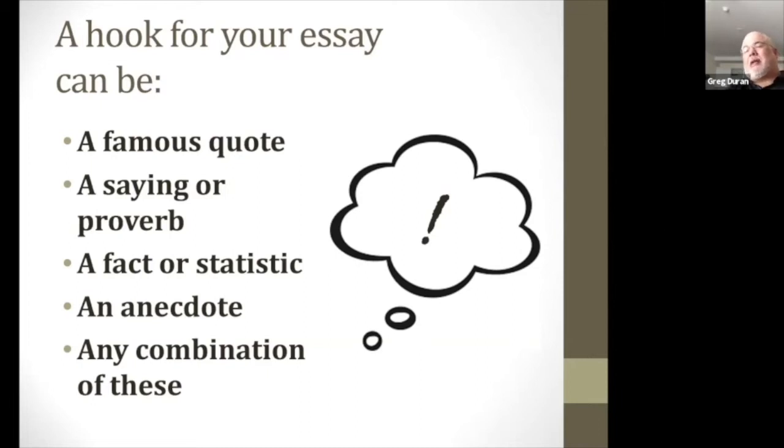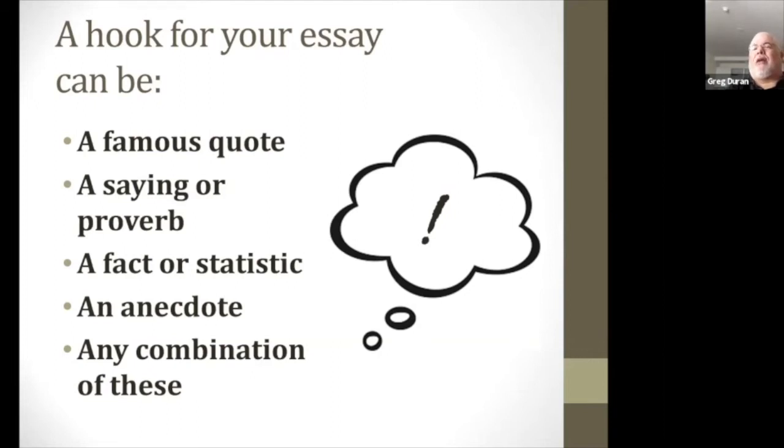I think this is probably the most common type of hook, and a very popular and very effective one. In a way, it's showing from the very beginning that you've researched your topic. You're going to be quoting from experts throughout your paper, if it's a research paper, but you're also using quotations in a way to attract the reader.